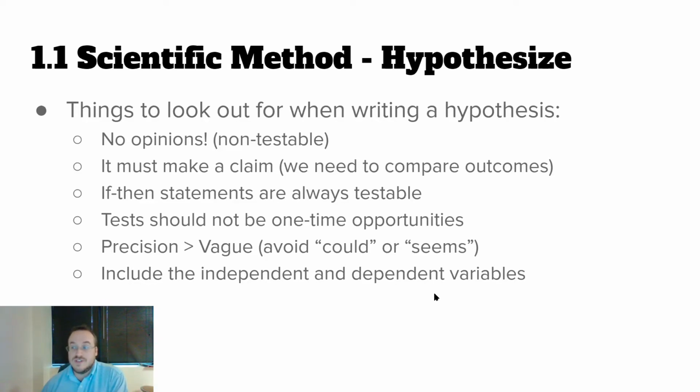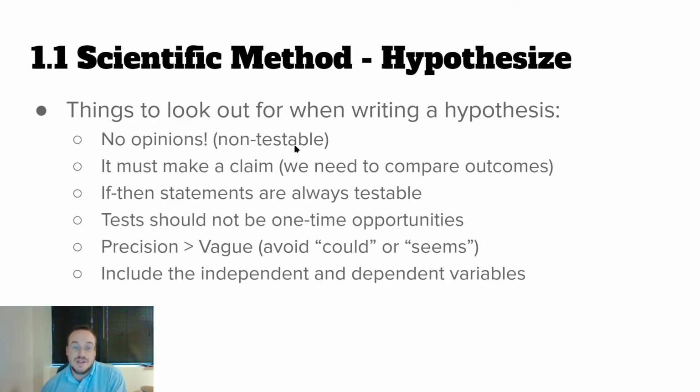So, things to look out for. These are those red flags, the mistakes that are easy to make, but they are also easy to avoid. So no opinions. Those aren't testable. My hypothesis can't be if I eat an onion, I won't like it, having never eaten an onion, right?